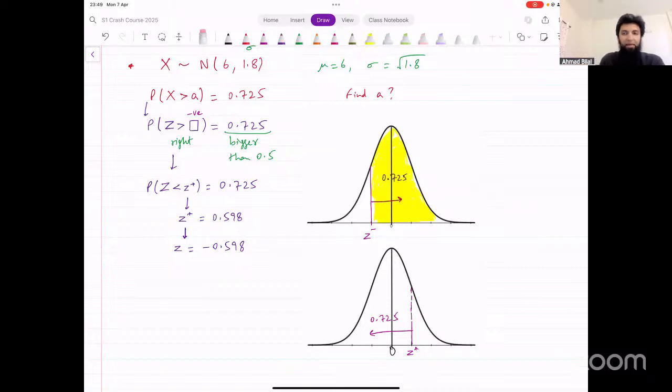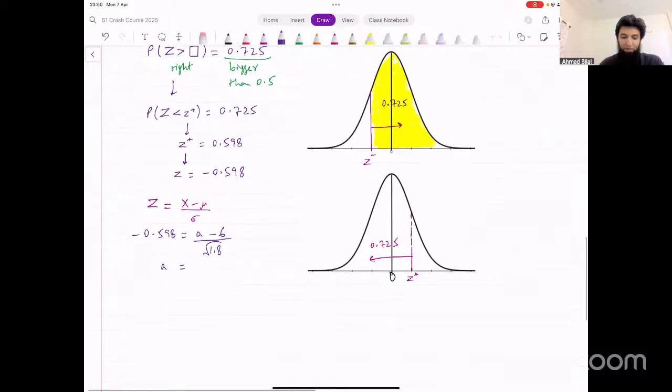So z was negative. So you have to remember, when you input this in the formula now, z equals x minus mu over sigma, you input a negative value here, that's minus 0.598, that equals x, which is a in this case, minus the mean, which was 6, divided by the standard deviation, which was 1.8, and you can find the value of a from this.